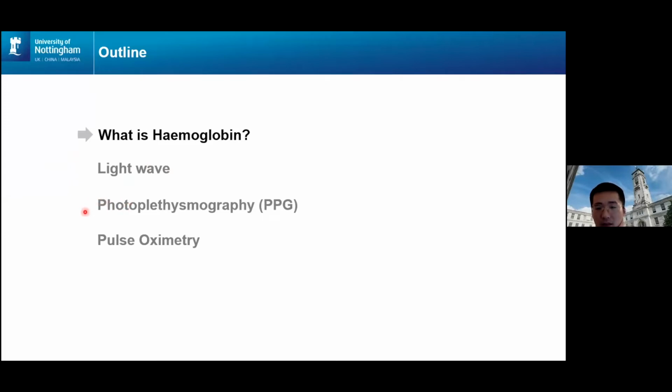The third part is the introduction of photoplethysmography, also called PPG, which is the most important point throughout the whole pulse oximeter technique. And in the last part, we're going to explain the principle of pulse oximetry and give you some different types of pulse oximeters.